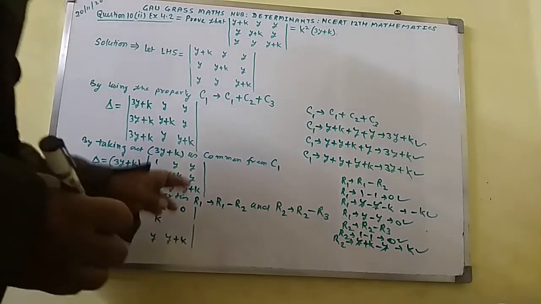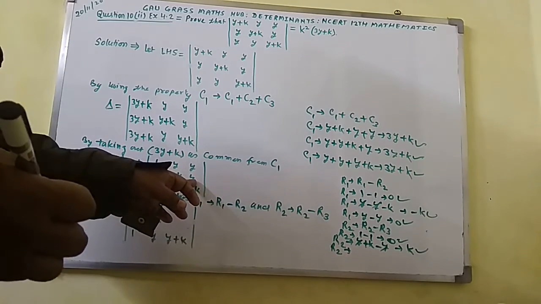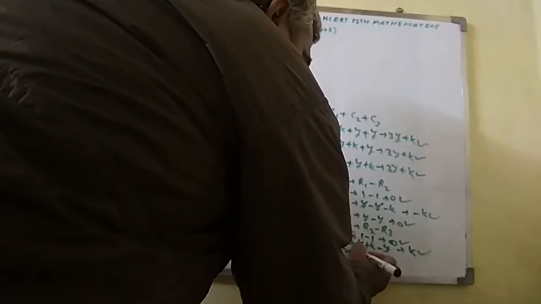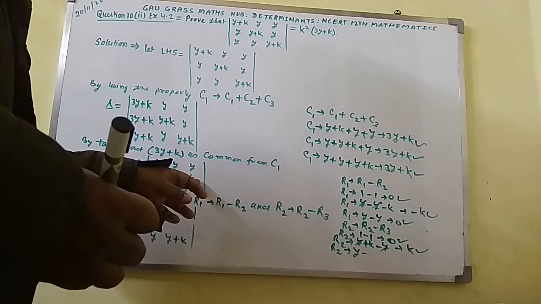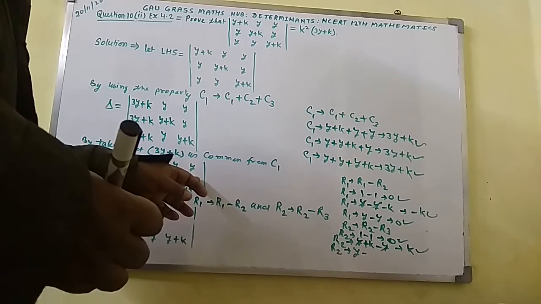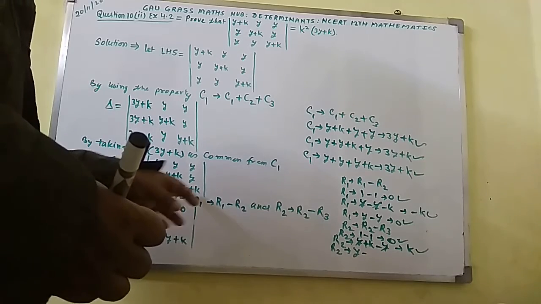Again R2 goes to, if I take the element of R2 as y, here write R2 minus R3, the corresponding element of y in the third row will be y plus k.